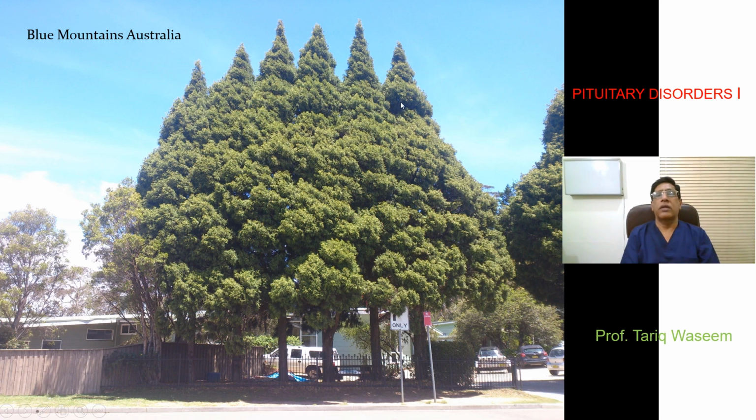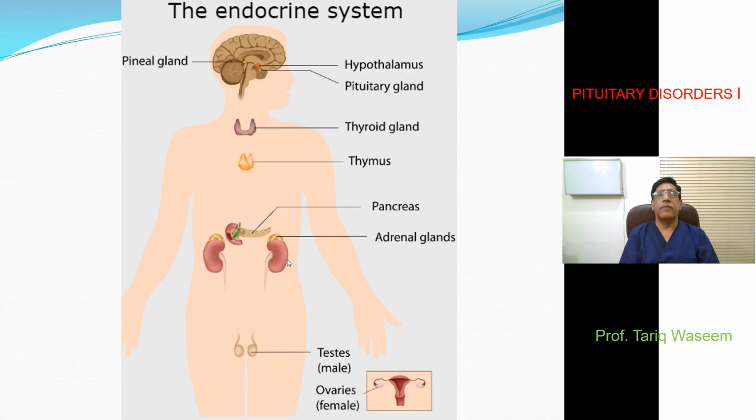You may call them thyroid stimulating hormone, adrenocorticotropic hormone, FSH, LH, growth hormone, or maybe oxytocin, and from there are the releasing hormones. But this is just to familiarize you with how the endocrine system functions.